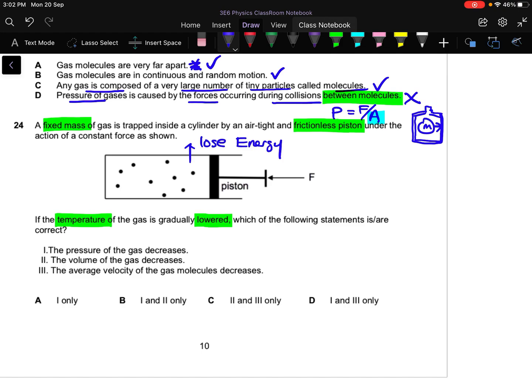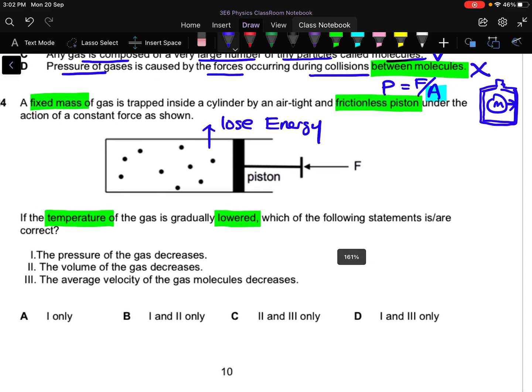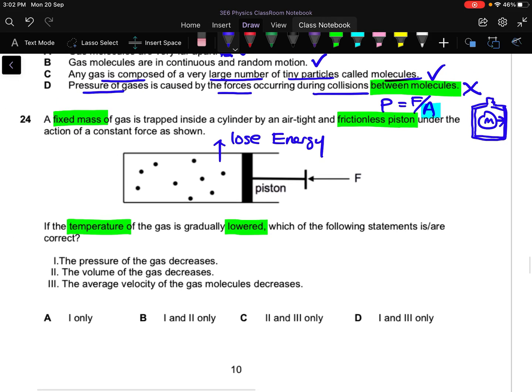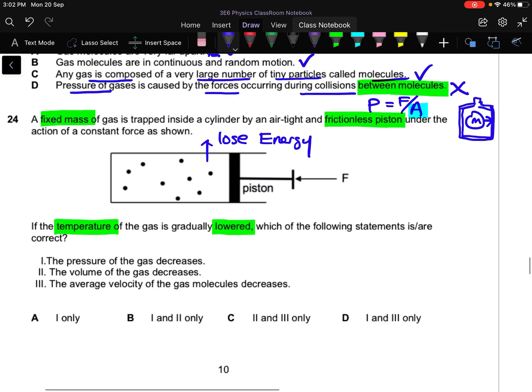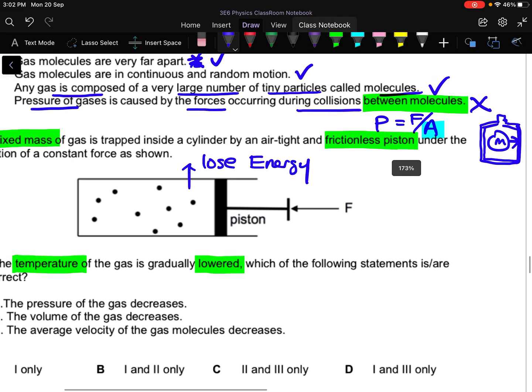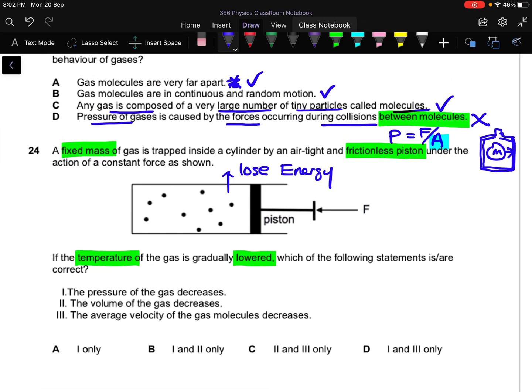Which of the following statements is correct? So down here, the gas is trapped by an airtight frictionless piston under the action of a constant force. So actually this force is constant, that means it is always being applied onto the piston.